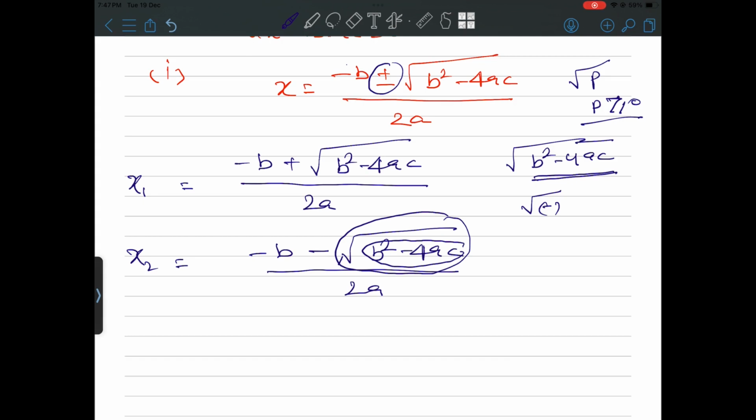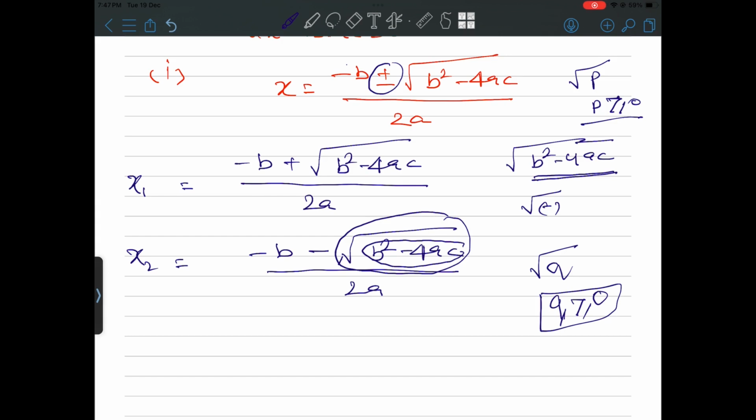It cannot be negative. There are some concepts you will study in class 11 or later, but for your class 10th maths level, just remember that anything inside the under root should always be positive, or at most it can be zero. Okay, this is the main concept here.